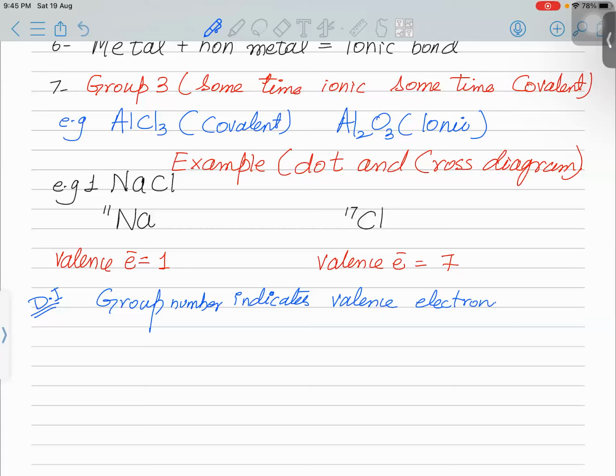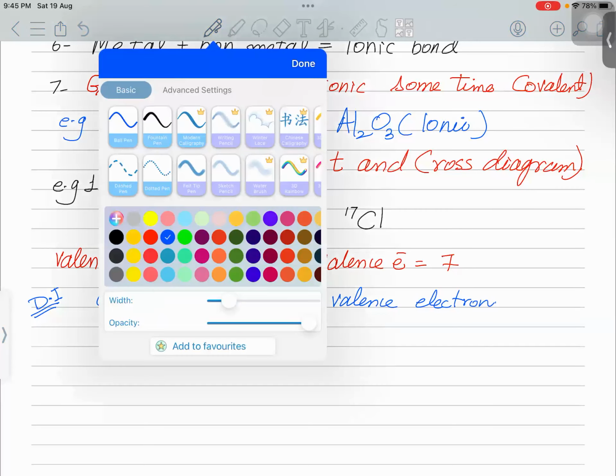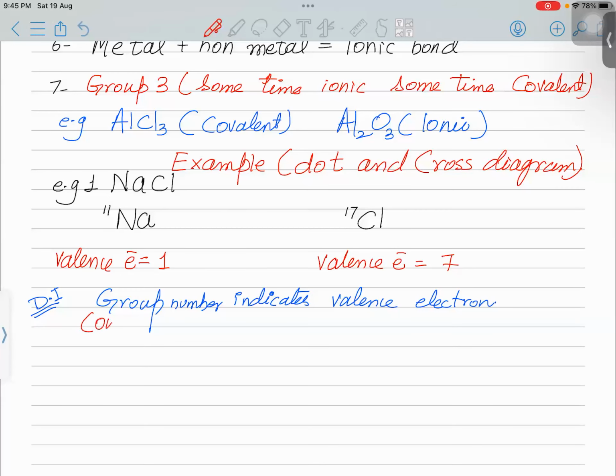So outermost electrons are called valence electrons.